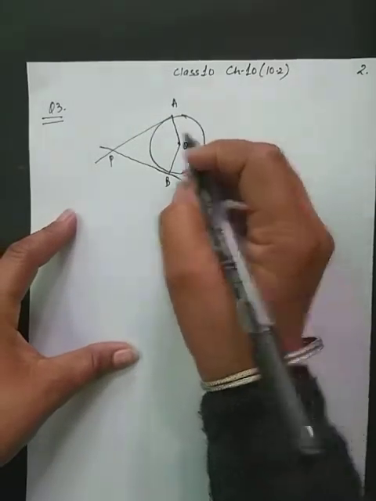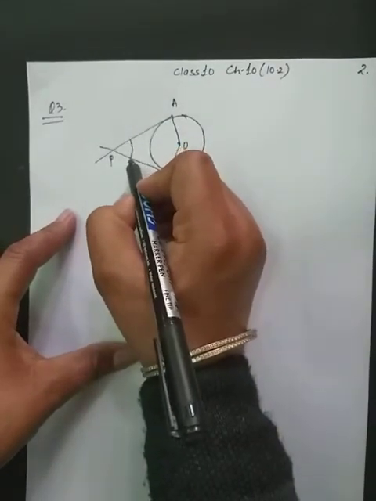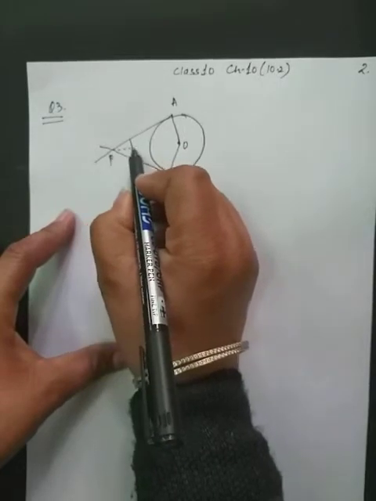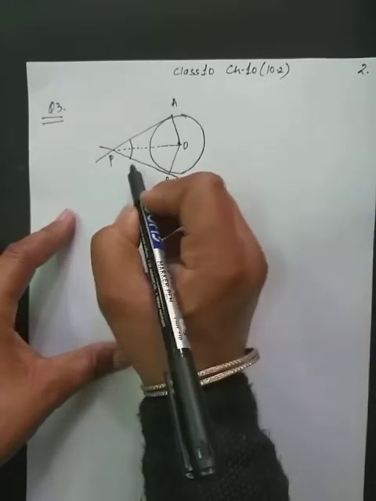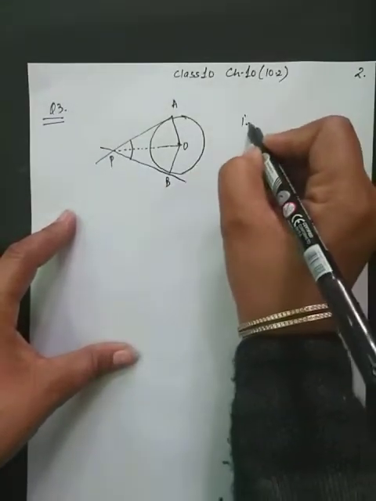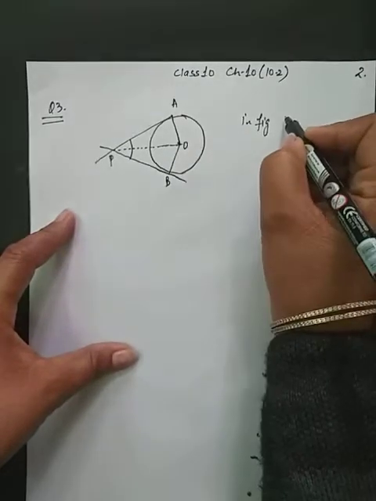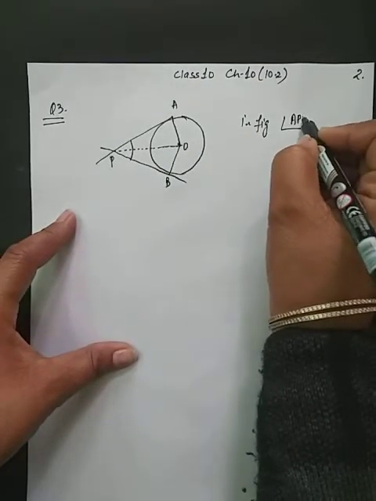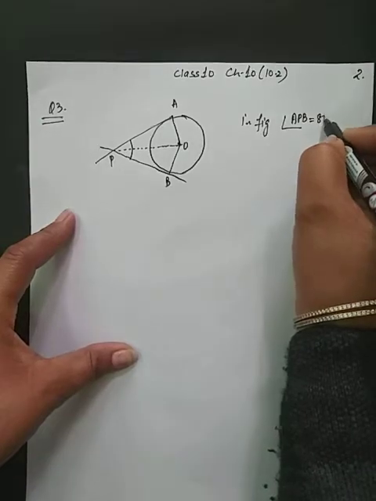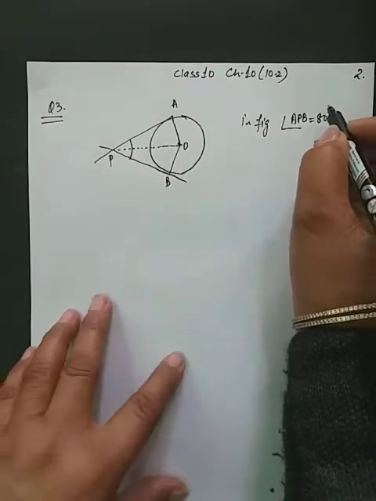Here tangents are inclined at an angle of 80 degree. In figure, angle APB is equal to 80 degree.